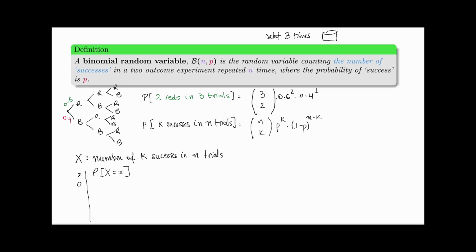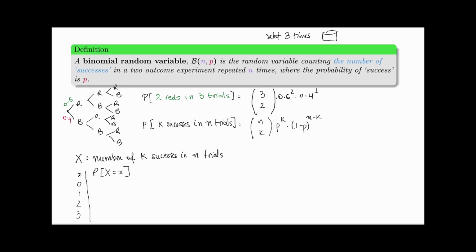this variable would be like, okay, I have 0 reds. What's the probability of having 1 red? What's the probability of having 2 reds? And what's the probability of having 3 reds, right? Because I have 3 trials, I can have 0 reds, 1 red, 2 reds, or 3 reds. So what I'm doing is assessing the probabilities of this variable.